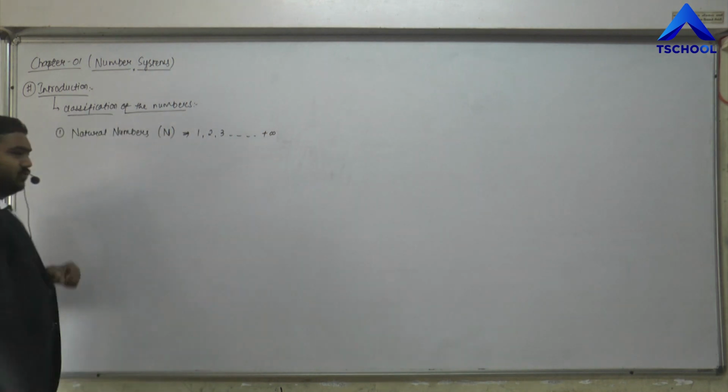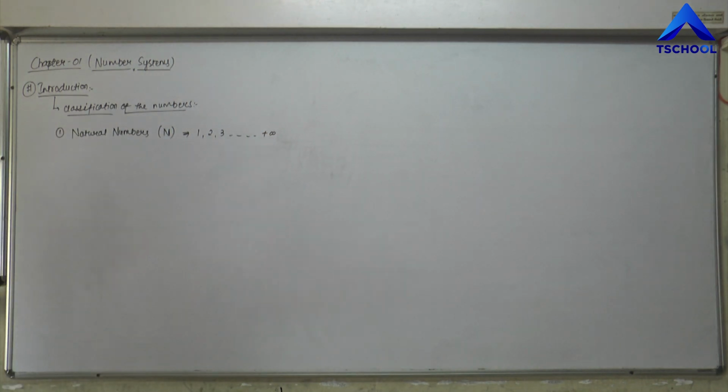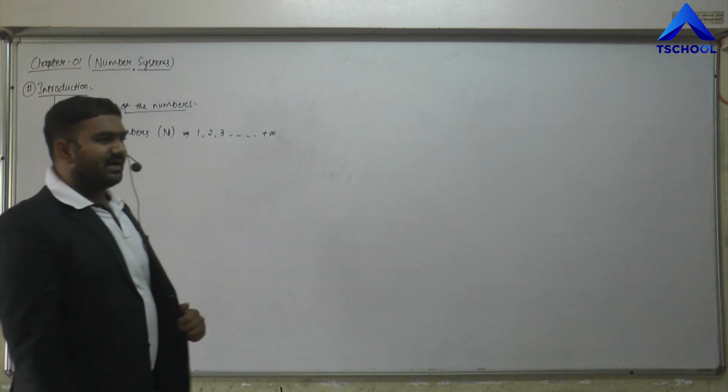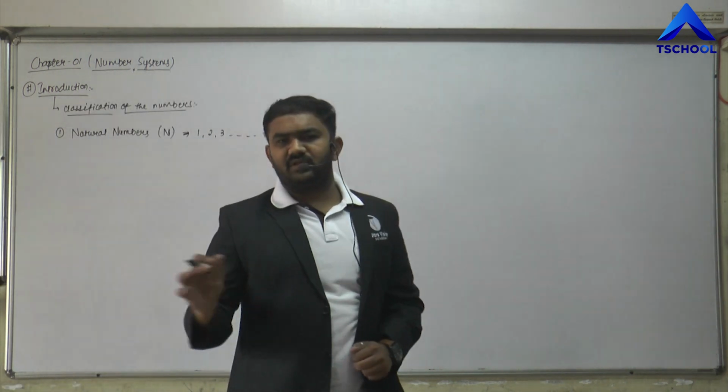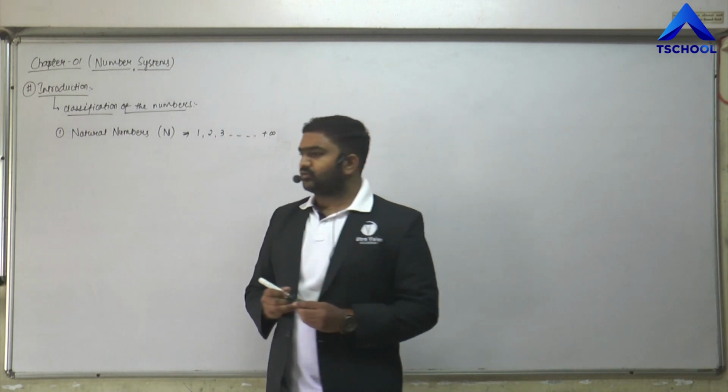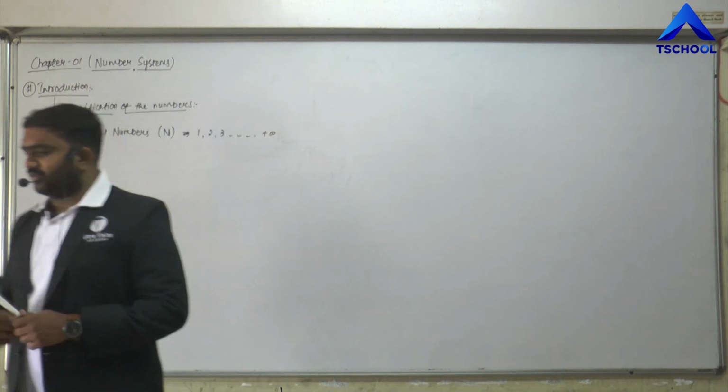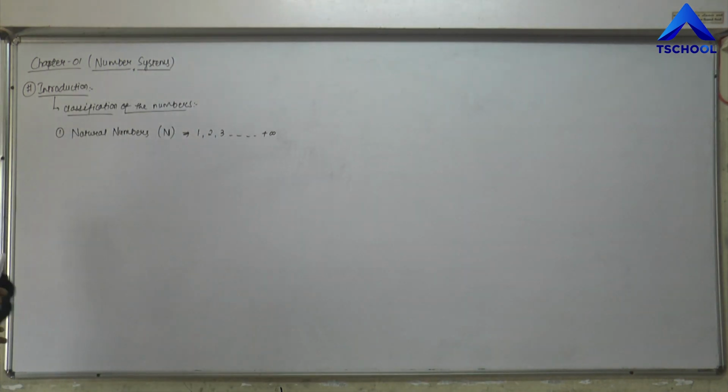That means up to the last number. Last number we don't know, so we write it as positive infinite, or 1 2 3 4 up to so on, right? So these are all known as the natural numbers. That means 1 2 3 up to infinite, right?